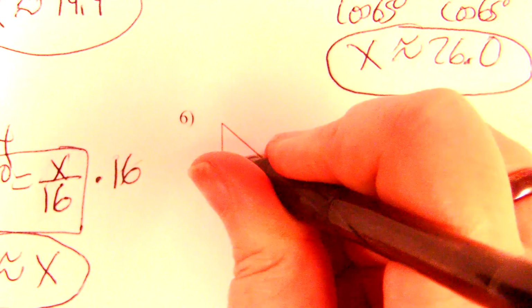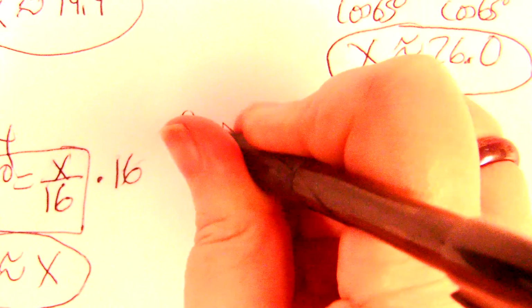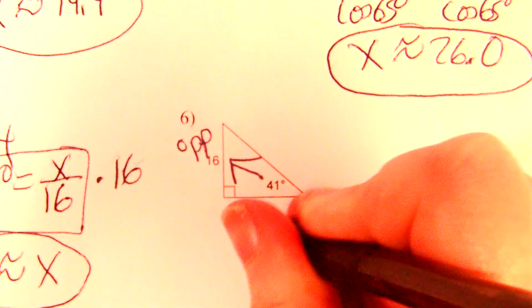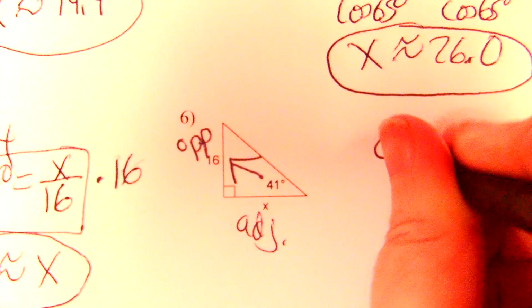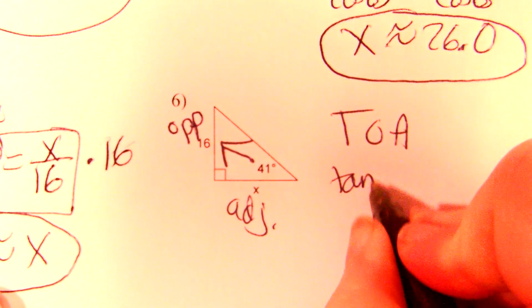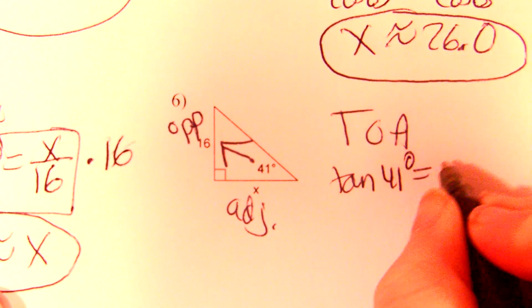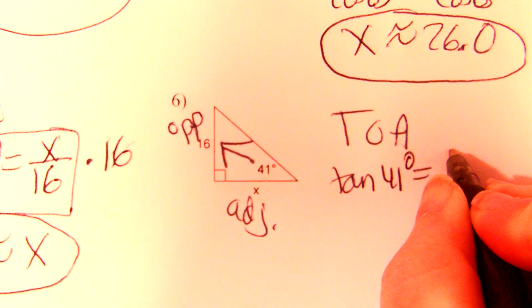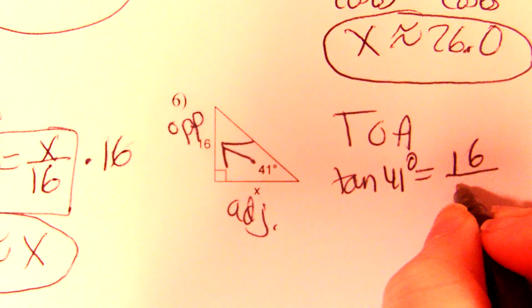So this is opposite, and this is adjacent. So tangent of 41 degrees equals 16 over x.